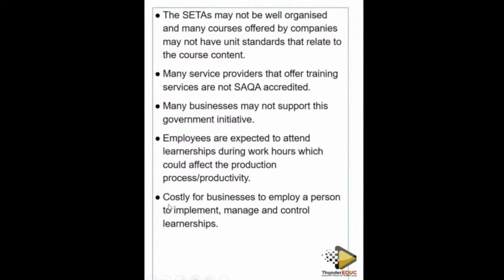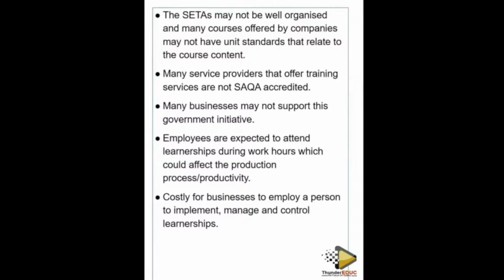So if the business wants to employ another person to make sure that the monitoring or control of learnership is taking place, the business has to pay that person money from their own pocket. And if you still remember from the start, I said that businesses pay 1% of their annual profit in order to take part in this Skills Development Act.